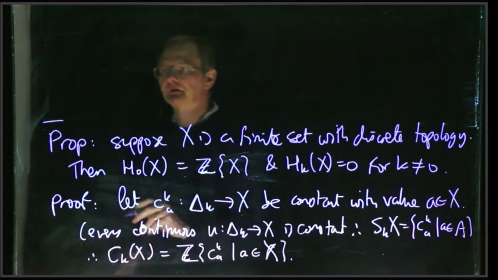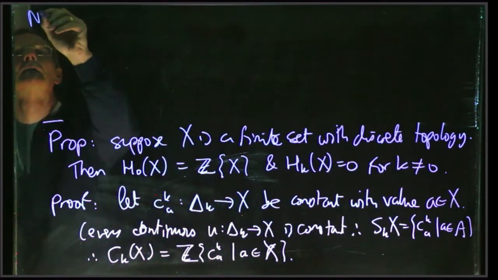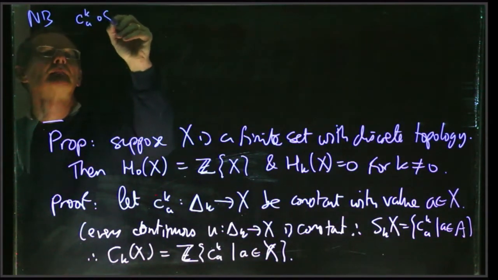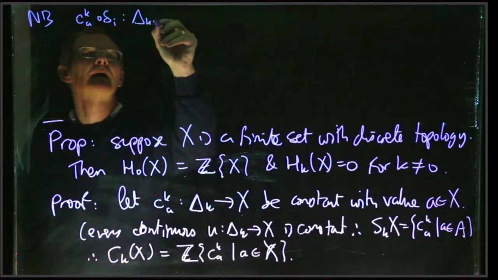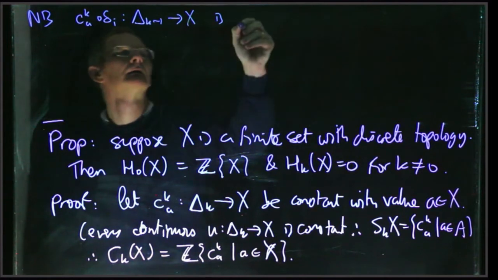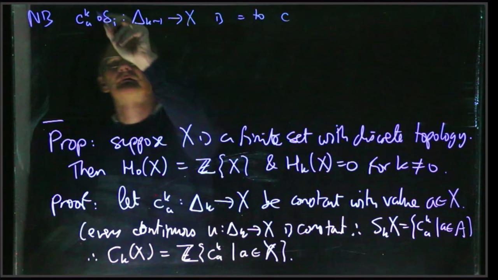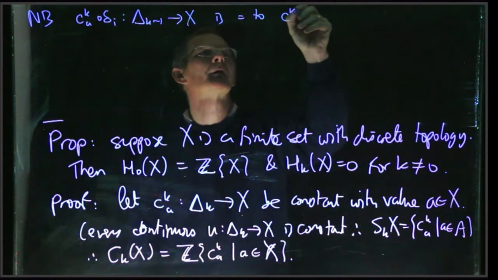Okay, so that's what the chain groups are, and now we need to understand the differential. So if we look at this c_k^a composed with delta_i, so that's a map from delta_{k-1} to X. Well, you just take a constant map and compose it with something, it's still constant, right? This is just c_{k-1}^a.